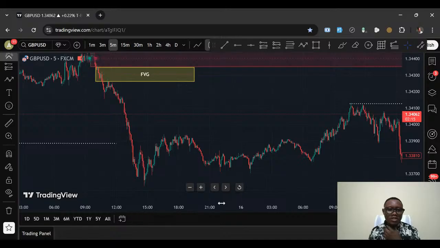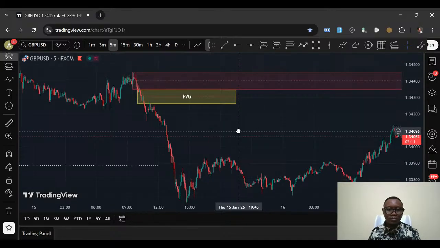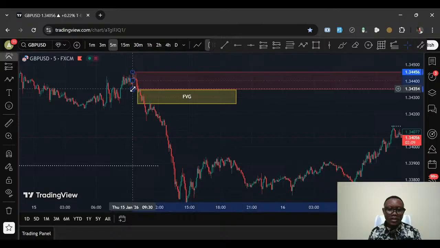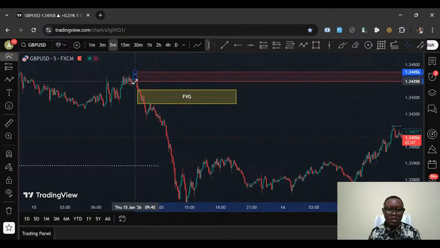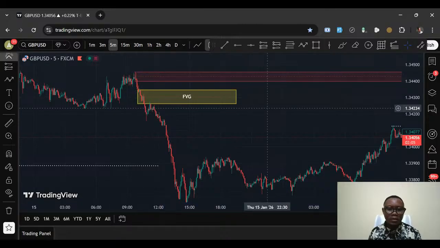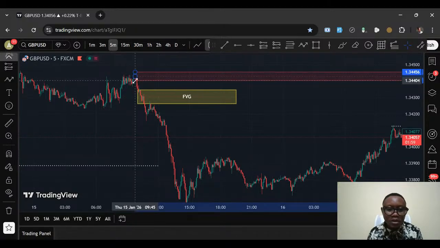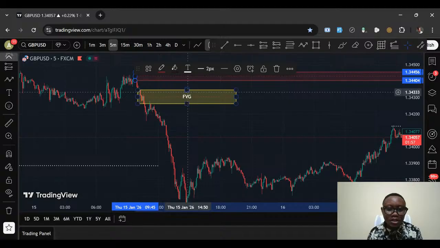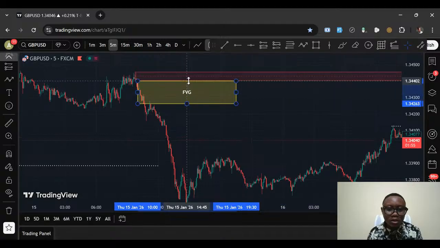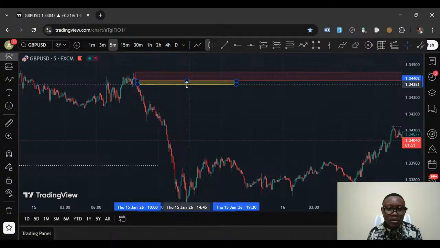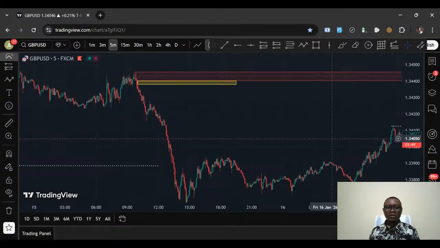Okay, so on the 5 minute time frame, we can further refine this zone to this, can further refine this zone to this zone, and our FVG would be this and this. All right.